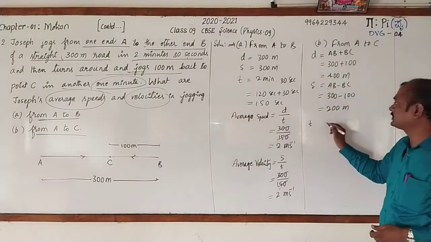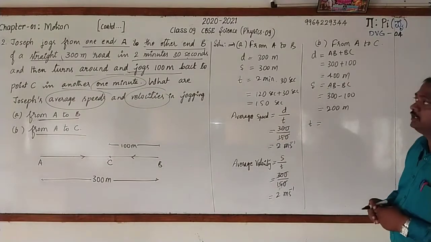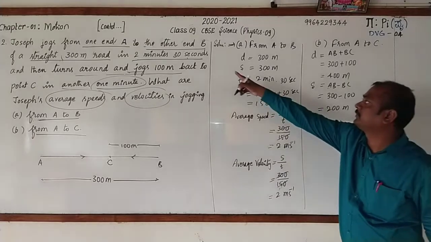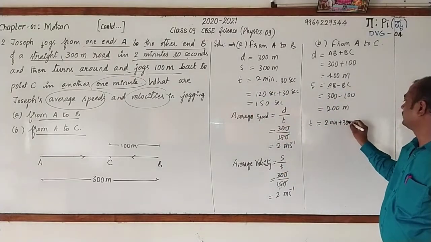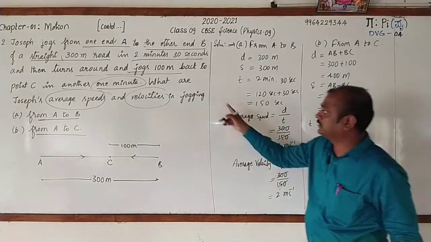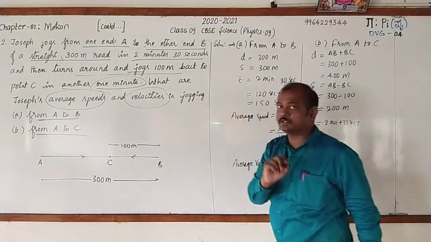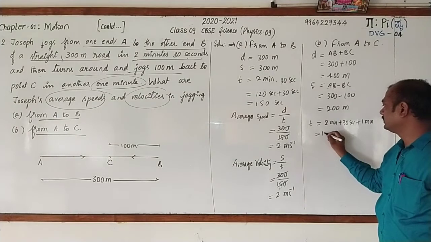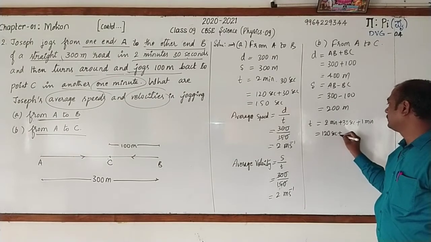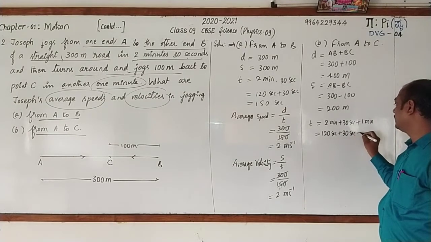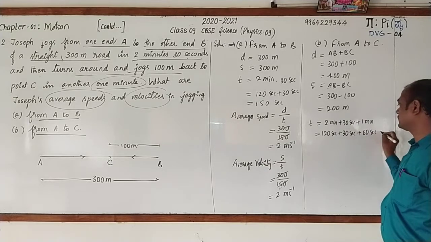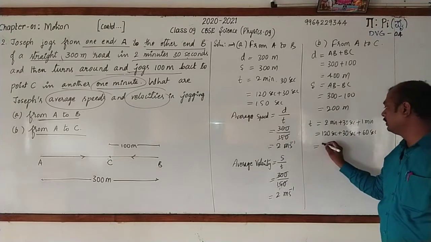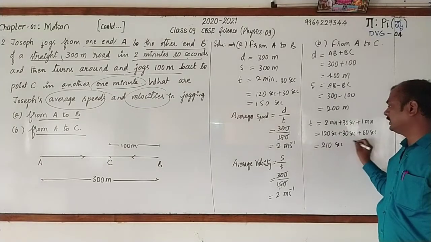So again, for the sake of understanding, I write the time like this: 2 minutes plus 30 seconds plus again 1 minute. It is equal to 2 minutes, 120 seconds, plus 30 seconds, plus 1 minute, 60 seconds. Altogether, 120 plus 60, 180 plus 30, 210 seconds.